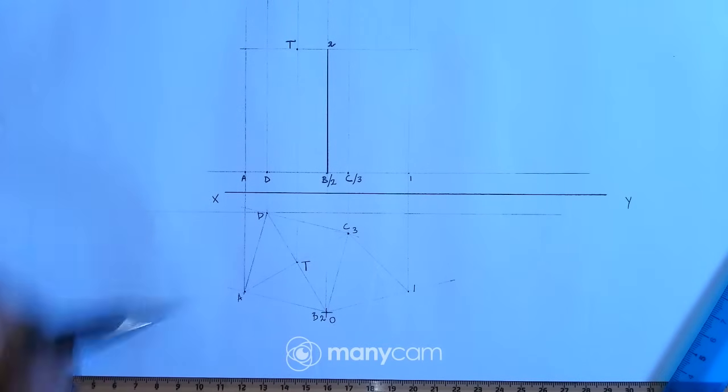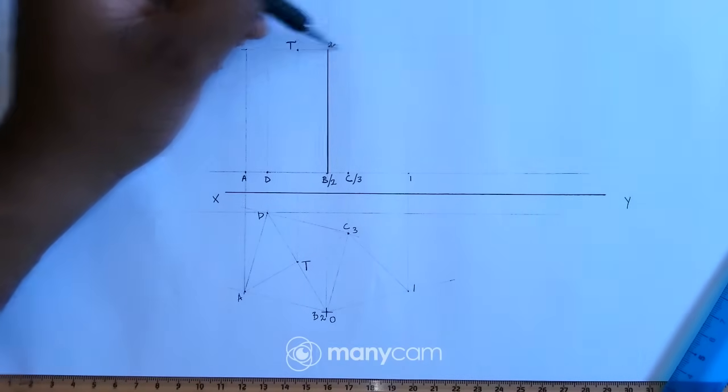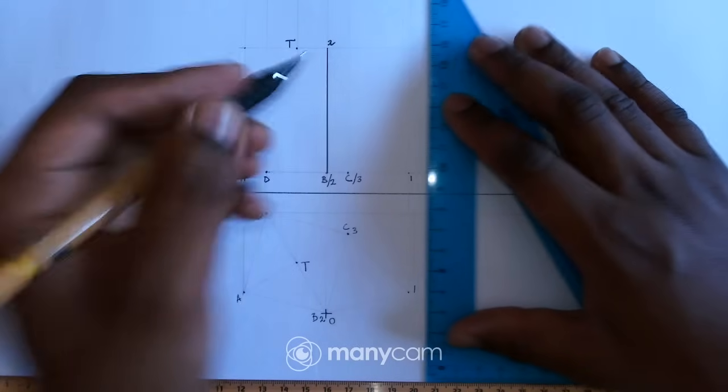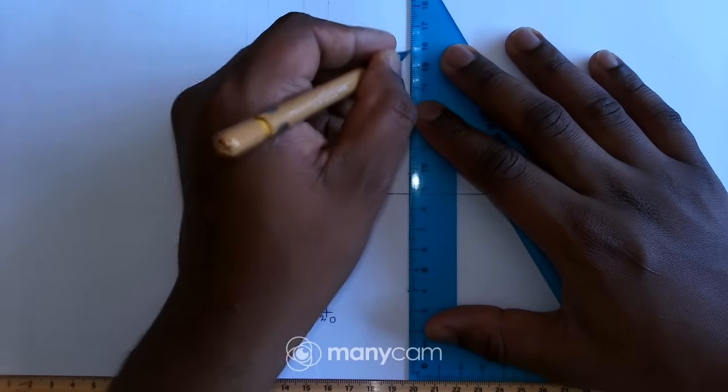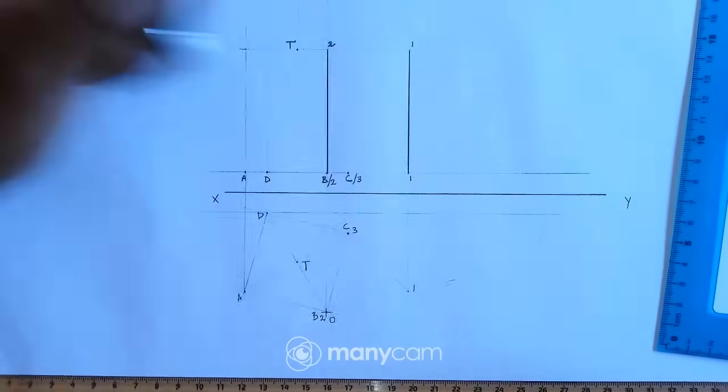Because remember, a prism consists of two bases, the top base and the bottom base, right? Okay, so we have line 1 1 there. So this is 1 1, right?